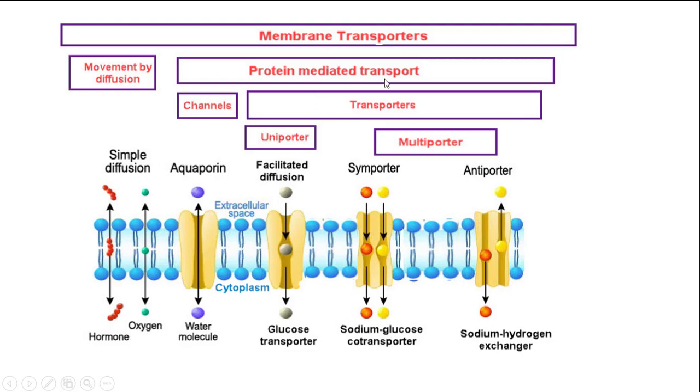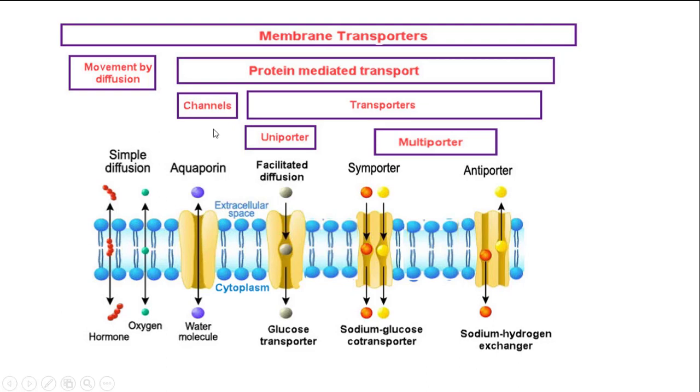For protein-mediated transport, this again can be classified into two types. The first is channels and the second is transporters. Channels are integral proteins, and a very important feature of channels is that they contain a hole within the interior part of the integral protein.